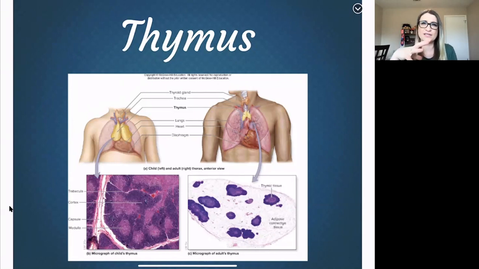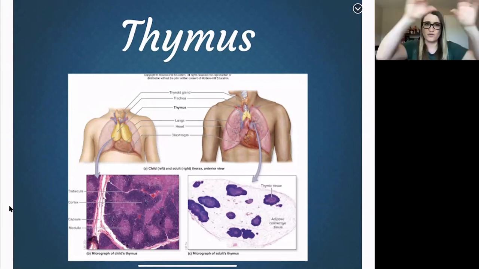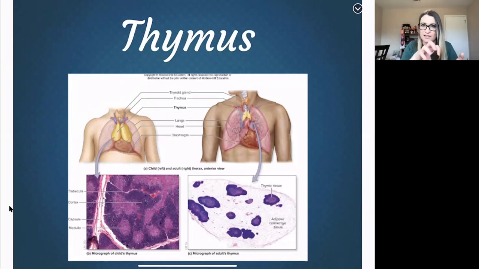So the thymus as a whole organ is not split into cortex and medulla. Recall the adrenal gland: the whole organ had the cortex, and the center of that gland was a medulla. In the thymus, when we talk about cortex and medulla, we're talking about the cortex of each lobule, not a lobe.